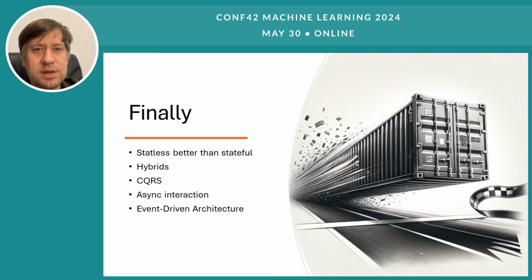Okay, let's finalize. The discussed aspects demonstrate the importance of using stateless microservices and hybrid strategies to create scalable and reliable distributed systems. Stateless microservices significantly simplify horizontal scaling, as they do not retain state between requests.